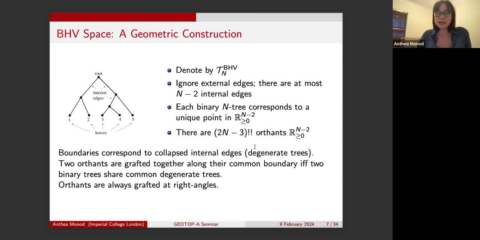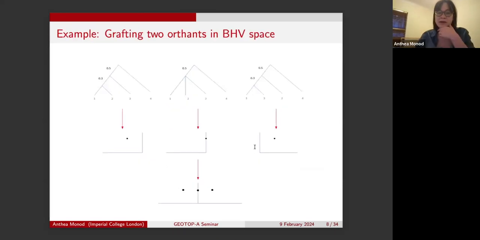The other thing to note about BHV tree space is that orthants are always grafted at right angles. So here's an example of how we could graft two orthants in BHV tree space. With this tree here, we have 4 leaves, so 2 internal edges, which means we represent this tree by a single point in the plane.